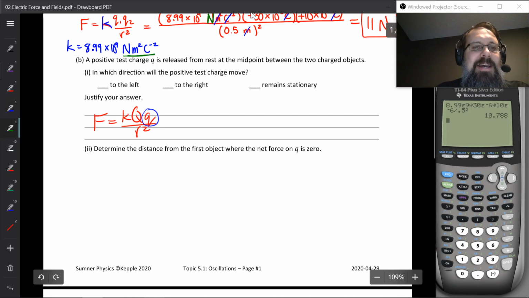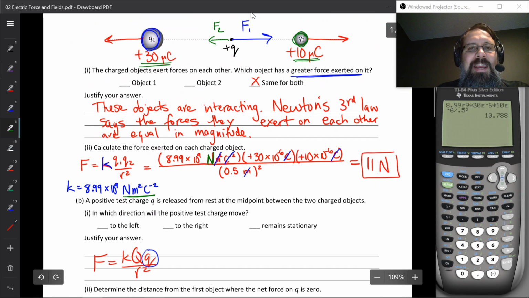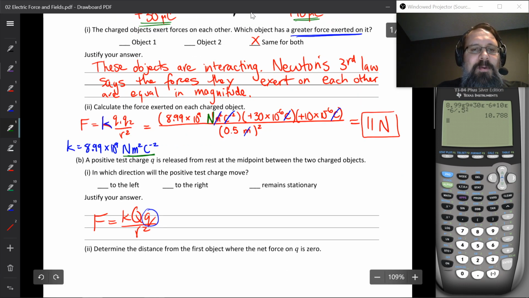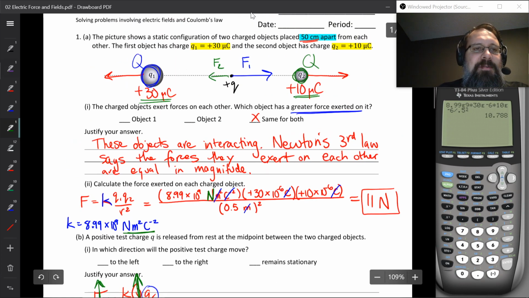And so what we're going to realize is that what's changing is the big Q. So here you have this as the big Q, and over here you have this as the big Q, but our little q is staying the same. So you're going to have the same distance, the same Coulomb's constant. That's not going to change. But if you have a bigger charge, you're going to end up having a greater force. And so that means that our charge is going to actually move to the right.